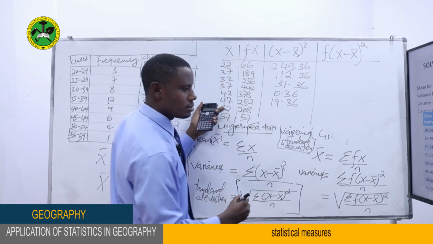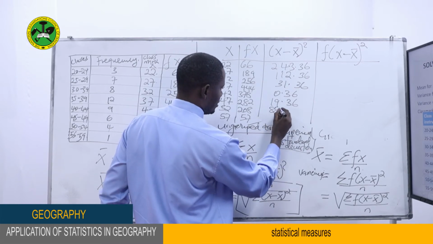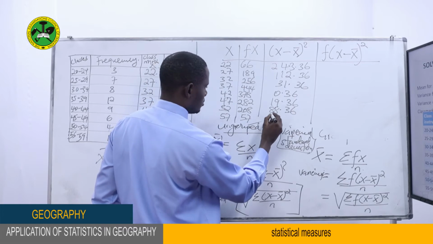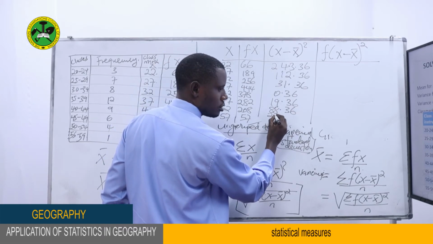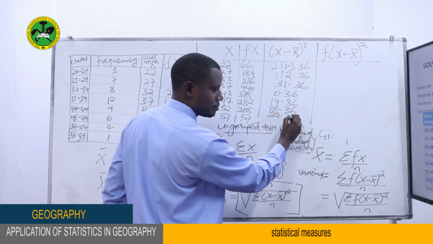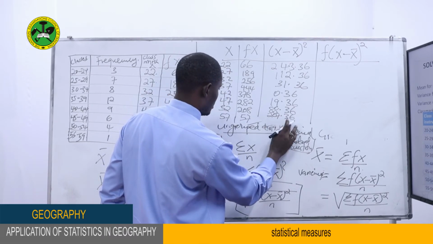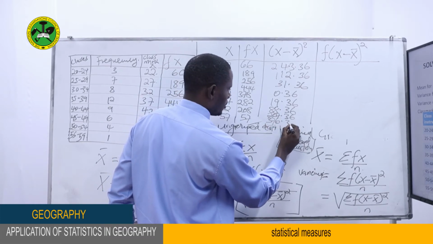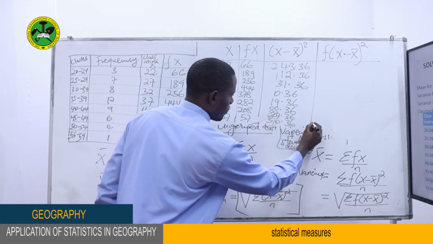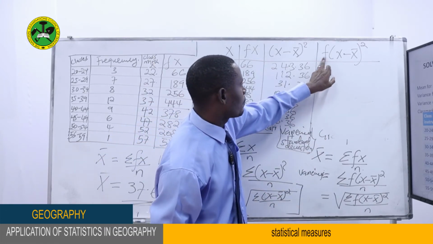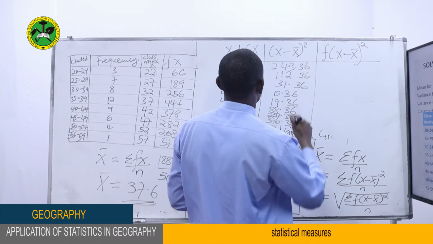The other one, it will be 88.36. The other one will be 207.36. And the last one, 376.36. But we are mostly targeting the last column, which is the summation of f times x minus x bar squared.